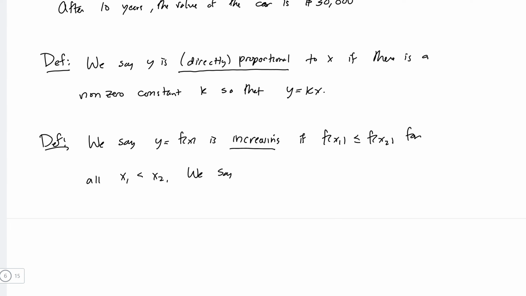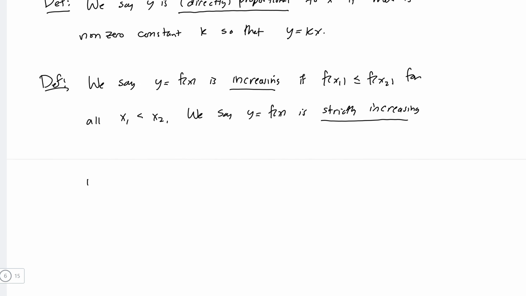We say y equals f of x is strictly increasing if f of x1 is strictly less than f of x2 if x1 is less than x2. Strictly increasing is probably more what you're used to thinking of as increasing.